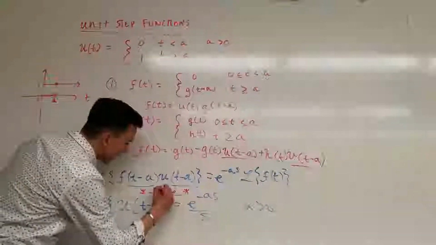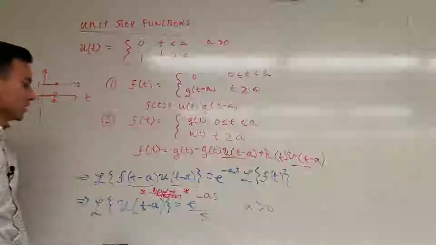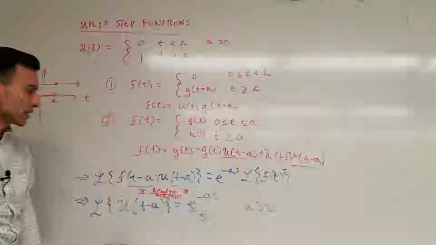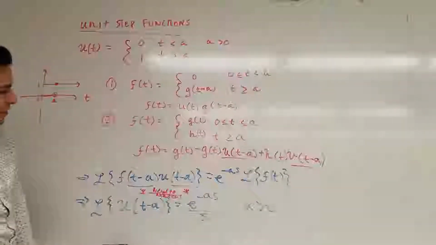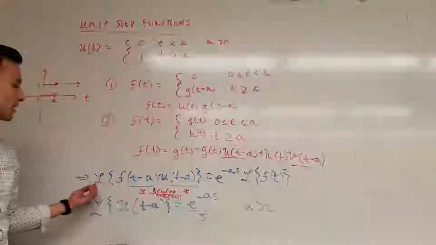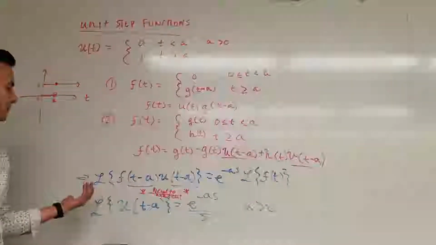These need to match. So this is t minus a, this is t minus a. Great. So we can proceed and we get to pull out an e to the negative as.